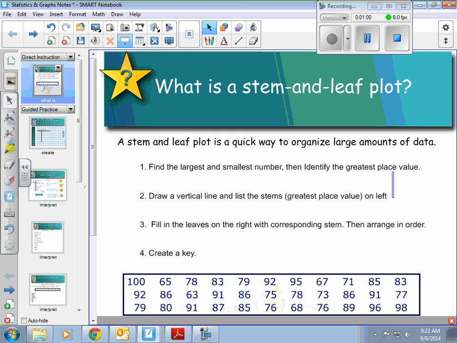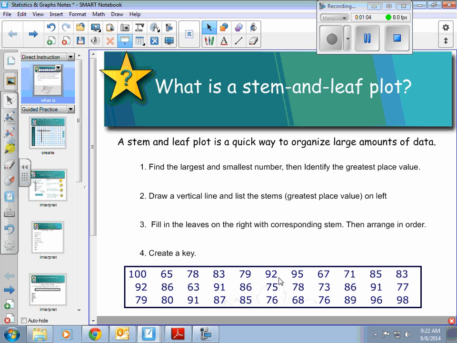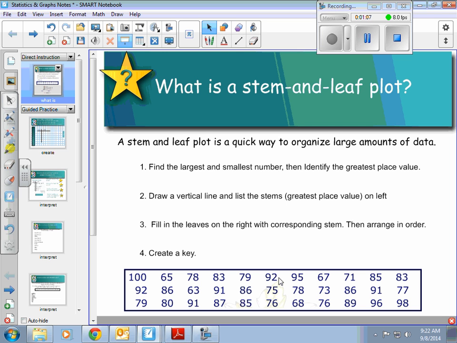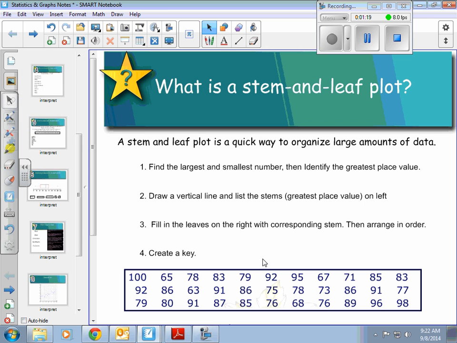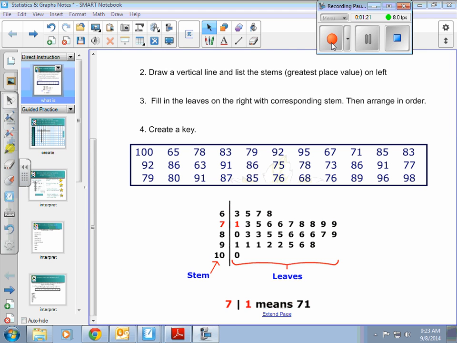All right, so having said that, we're going to go ahead and look at an example. Here's the data for, we don't know what it's for, but here is some data. So we're just going to look at the stem and leaf plot that will go along with it. If we look, you can see that here is the data, and below it is a stem and leaf plot.